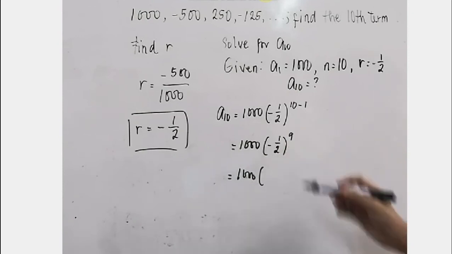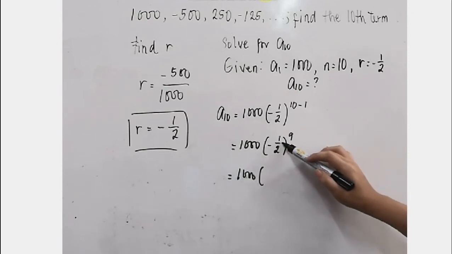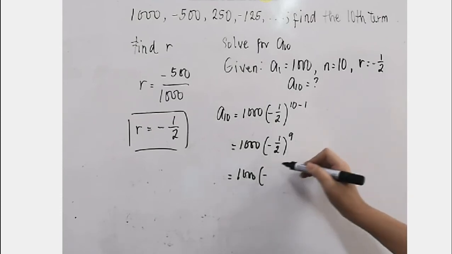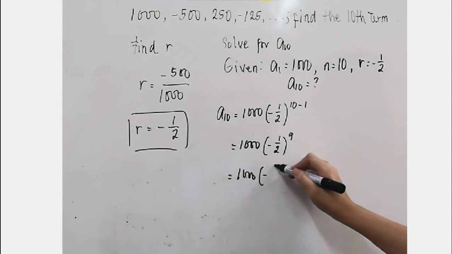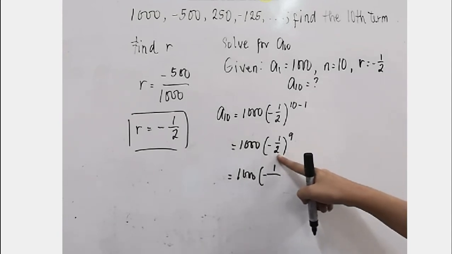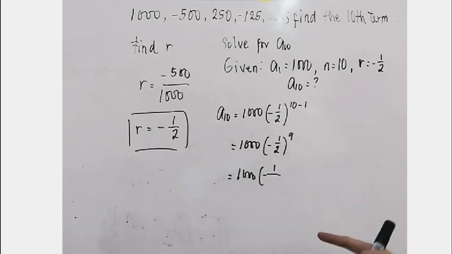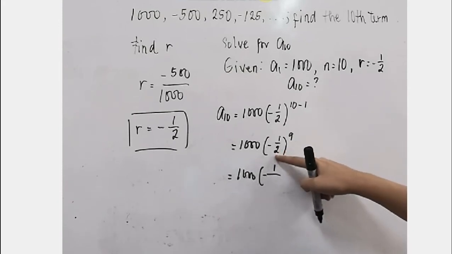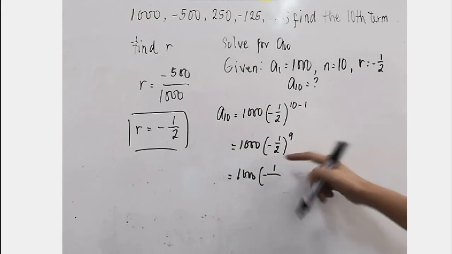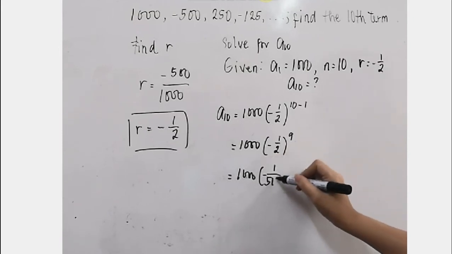So, ibig sabihin, yung numerator natin, we will multiply 1 to itself 9 times. So, that will give us, ano? Alright, it's 1 pa rin. How about 2? 2 raised to the power of 9, meaning we will multiply 2 to itself 9 times. So that will give us 512.